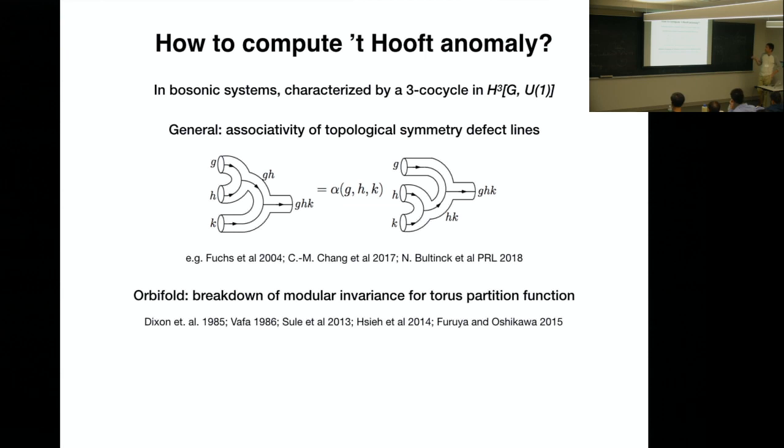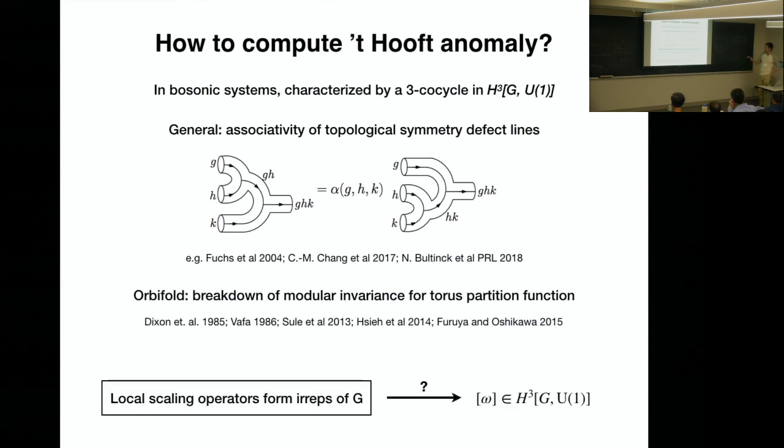Well, this has a little problem, that is, sometimes with the torus partition function, the S and T modular transformations are not enough to fully determine the anomaly, which was Shiozaki's talk, although it doesn't really show up for small groups.